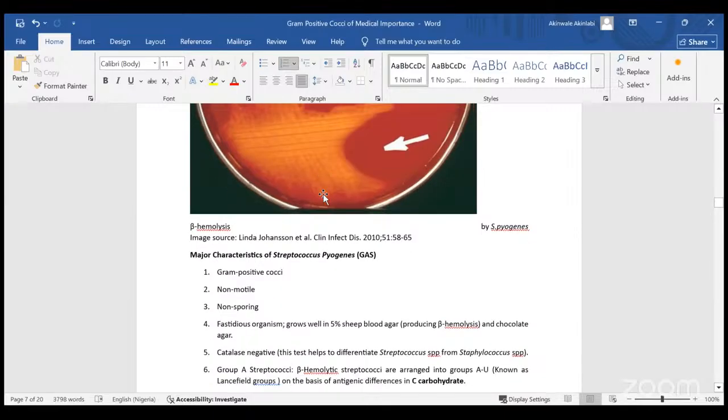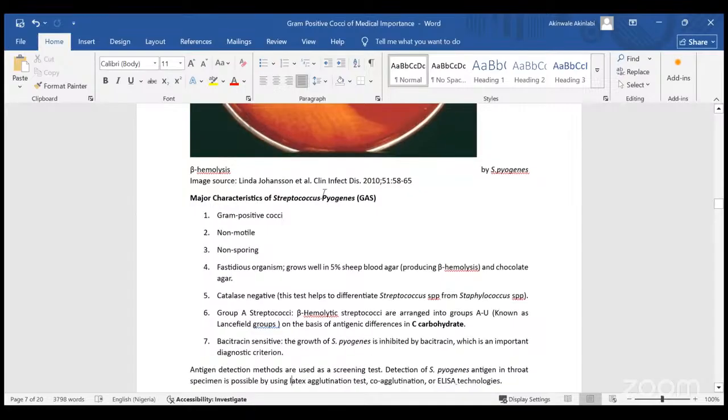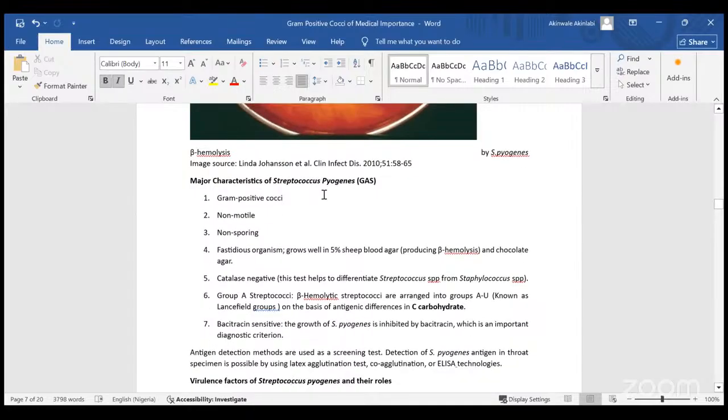Then the major characteristics of Streptococcus pyogenes: gram-positive cocci, non-motile, non-sporing, fastidious organism, grows well on 5% sheep blood agar and chocolate agar. Catalase negative, bacitracin sensitive.